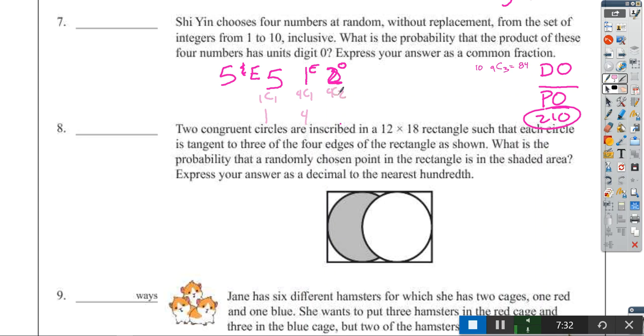And 4, choose 2 is going to be 6. So 1 times 4 times 6. So to have 5, 1 even, and 2 odds, that is a total of 24 possibilities. So that is 5, 1 even, and 2 odd. Great.